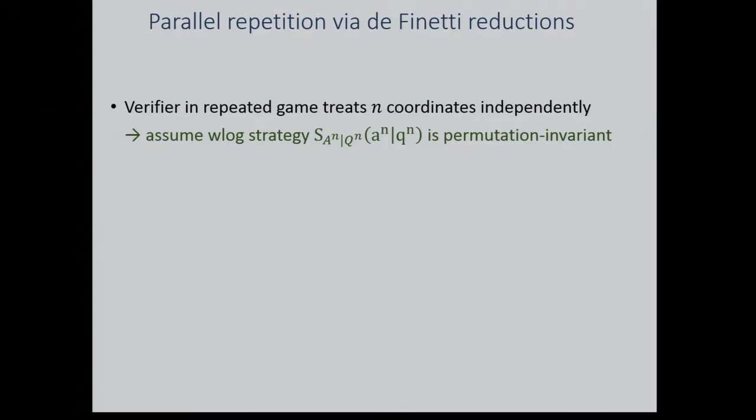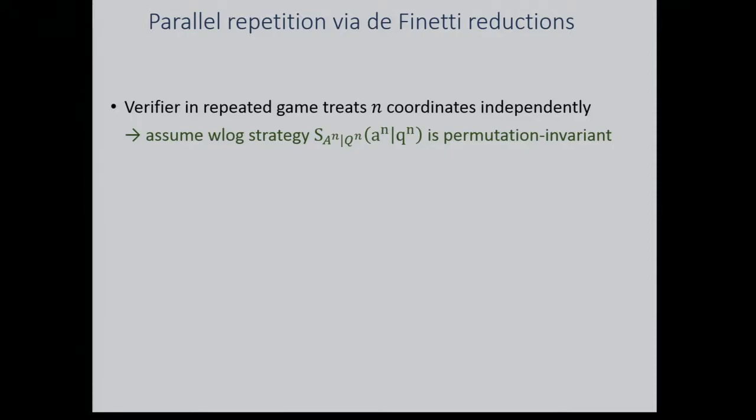All right. So, the point is, why would you hope that parallel repetition holds? This verifier, you're running the game. These are n instances that are played independently by the verifier. So we'd like to claim that the best that the players can do is also play independently because of that. So we know that doesn't hold in general.